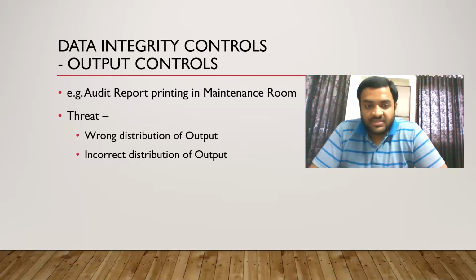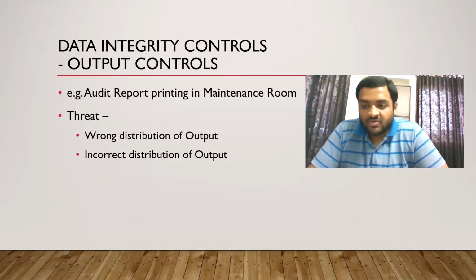Now, what can happen if there are no output controls is this: you are giving a printout from one of your terminals, and you have given the command for printing only one copy, but because the copy was not initiated, you gave the same command 10 times.